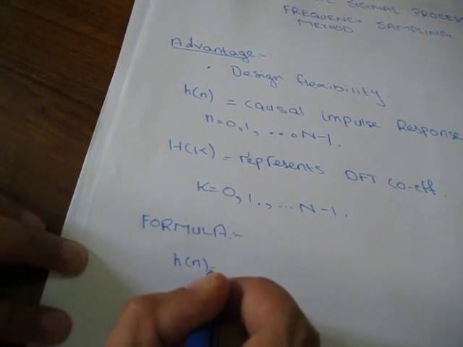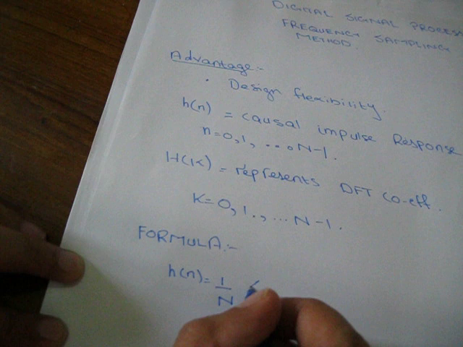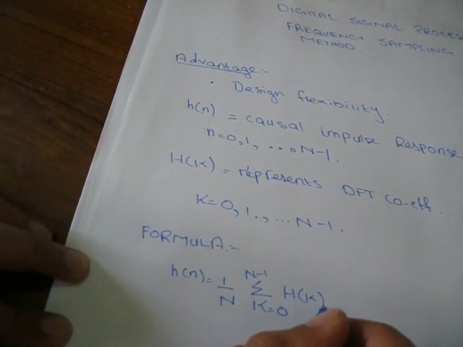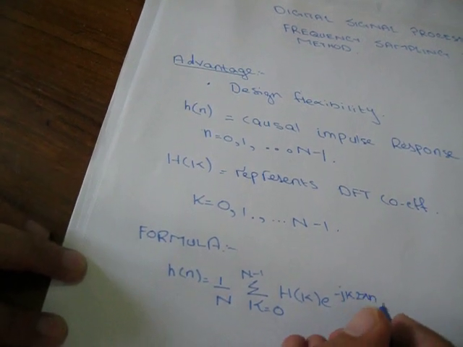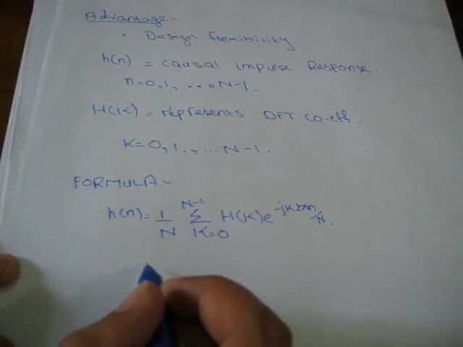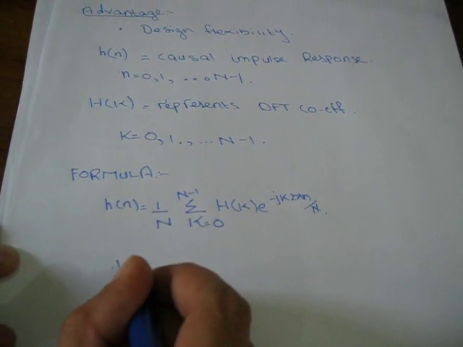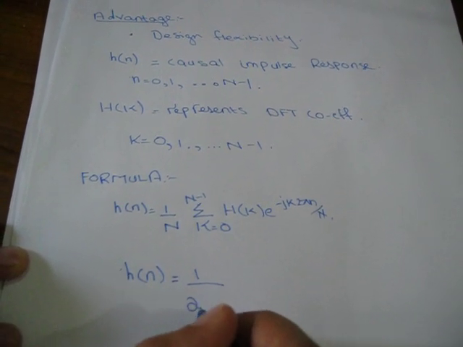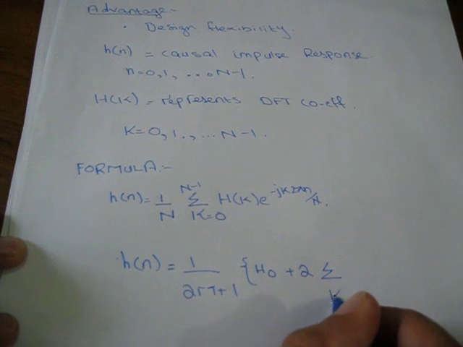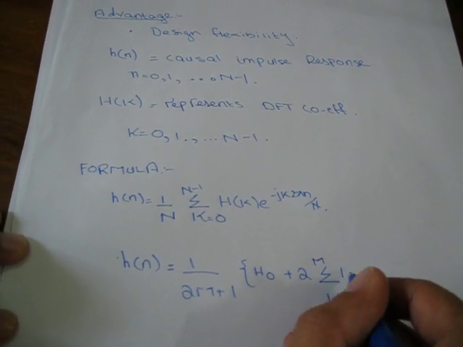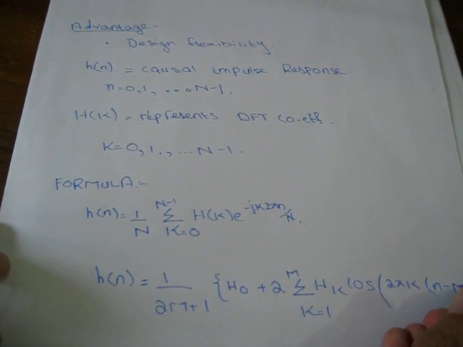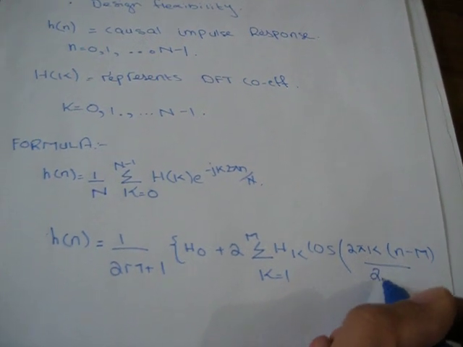h of n equal to 1 over capital N summation k equal to 0 to capital N minus 1 H of k e to the power minus j k 2 pi small n divided by capital N. Now there is also a simplified form of this formula, which we can write as 1 over 2M plus 1 into H naught plus 2 summation k equal to 1 to M H of k cos 2 pi k into n minus capital M divided by 2M plus 1.